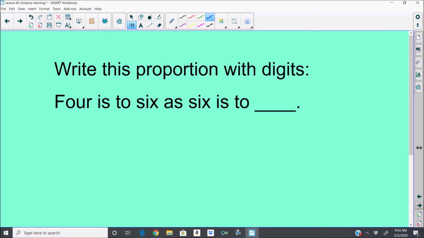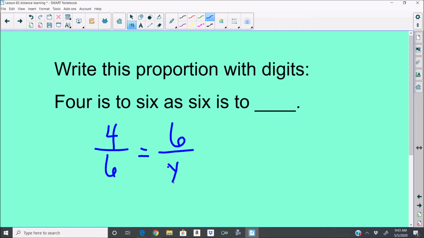Write this proportion with digits. This is the type of problem that you'll see. So here's how we write this. 4 is to 6 as 6 is to, and we have a blank here. So I could represent this with a variable of some kind. Now, before, when we've done this, we would say, what do I multiply 4 by to get 6?